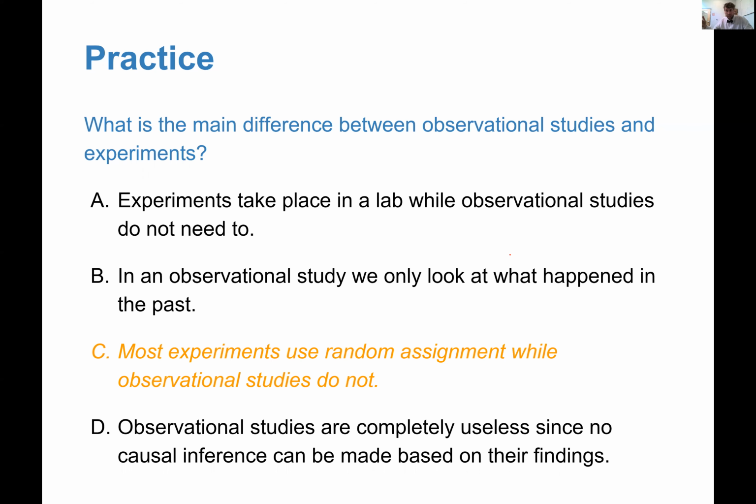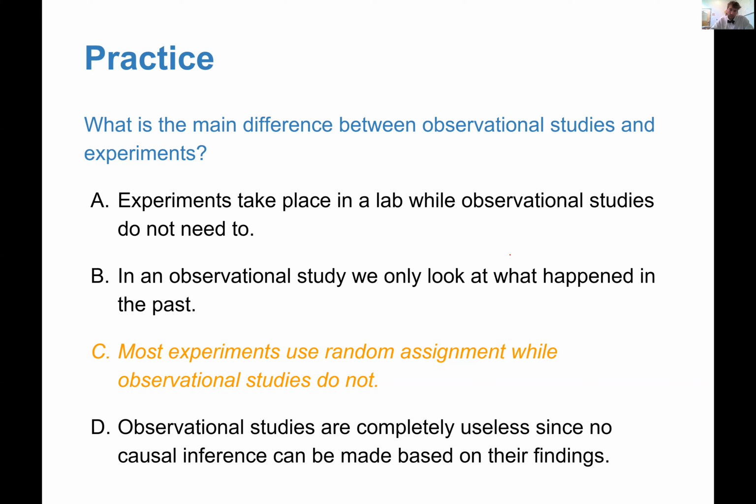correct answer is C. Most experiments use random assignment while observational studies do not. Okay, so A is wrong because lots of experiments don't take place in the lab. B is wrong because, remember from the last section, there are two types of observational studies. A retrospective one is looking back at the past, but a prospective one is setting it up for the future.